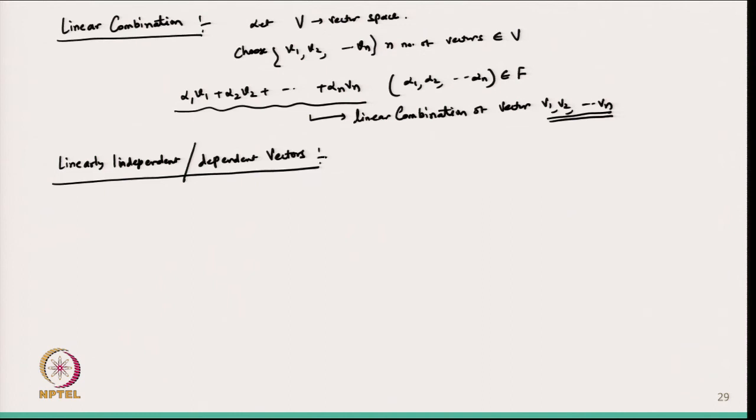Now, suppose S is a set V1, V2 up to Vn, a set of vectors where Vi belongs to the given vector space V. So V is some vector space, and I am choosing the Vi as vectors out of it.